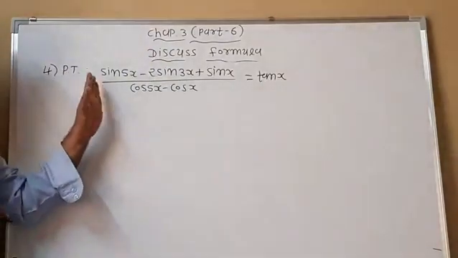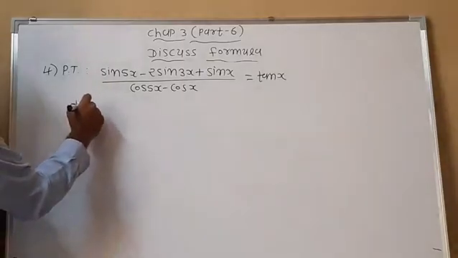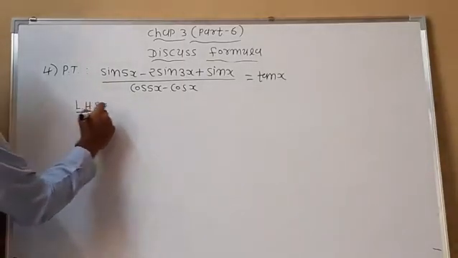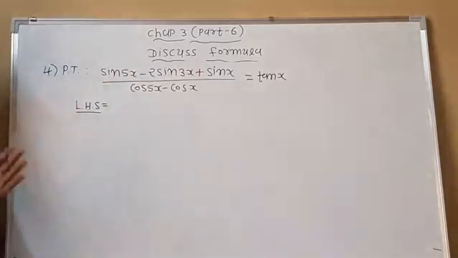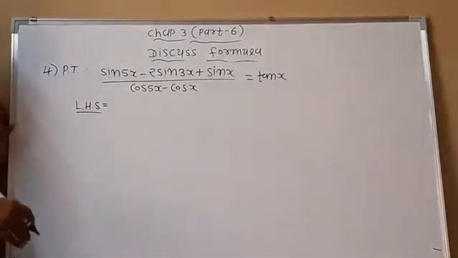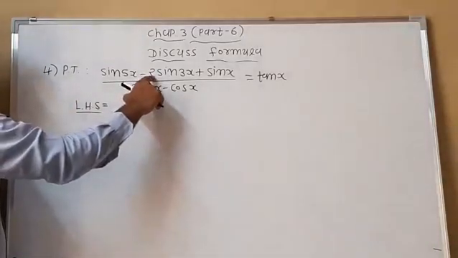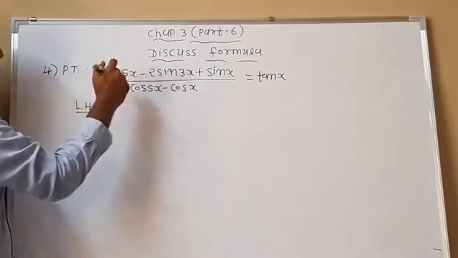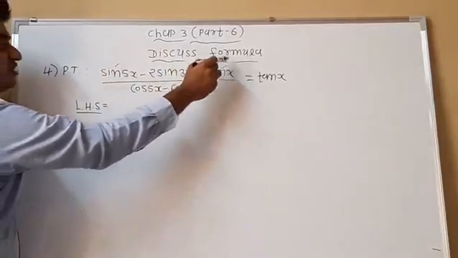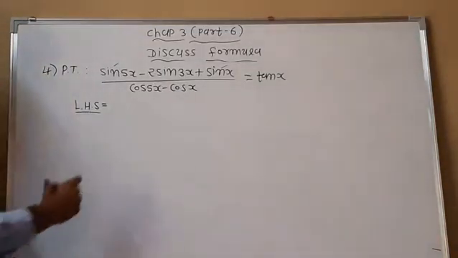So here again start from the LHS side, but first of all arrange this term, because our formula, s plus s form is present, s minus s form is present, but see in second term 2 is present, so here we cannot apply this formula. So that's why here we can write first and third term on one side and after apply the identity.